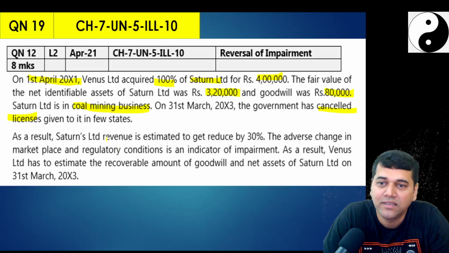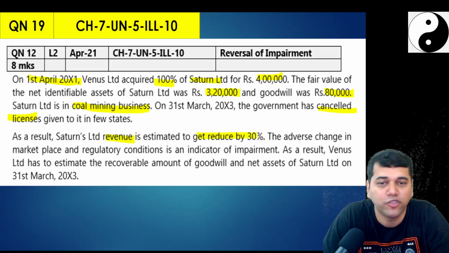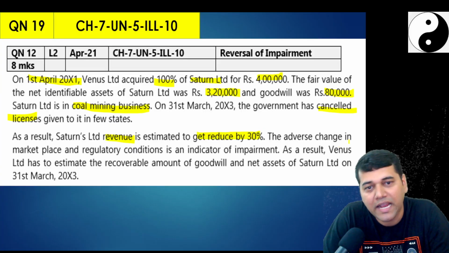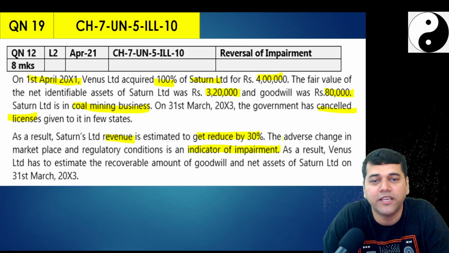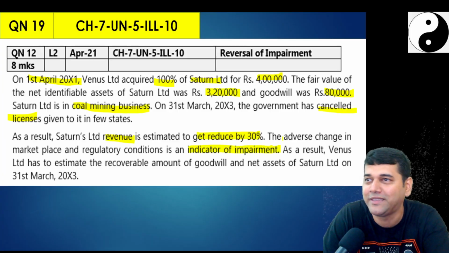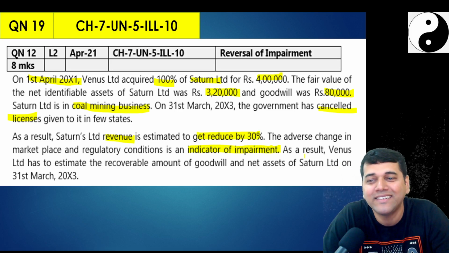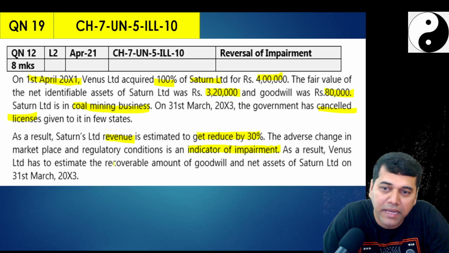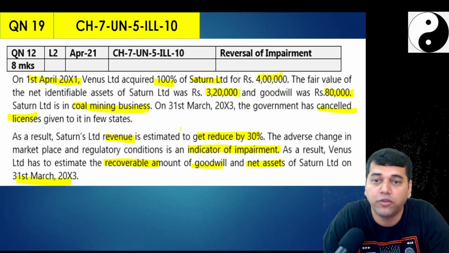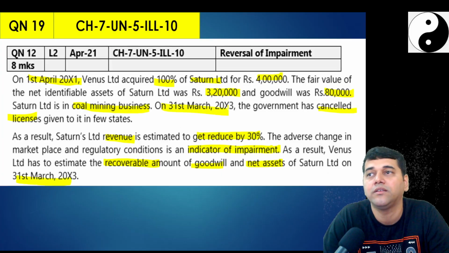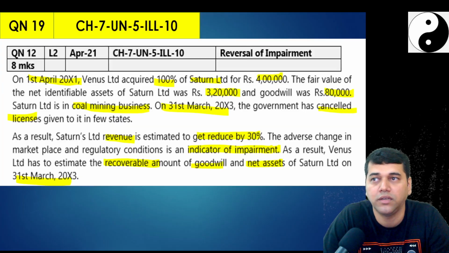As a result, Saturn's revenue is estimated to get reduced by 30%. The adverse change in the marketplace and regulatory condition is an indicator of impairment, which they told you very nicely in the study material. As a result, Venus had to estimate the recoverable amount of goodwill and net assets as on 31st March 2013, because on this day your asset got impaired.